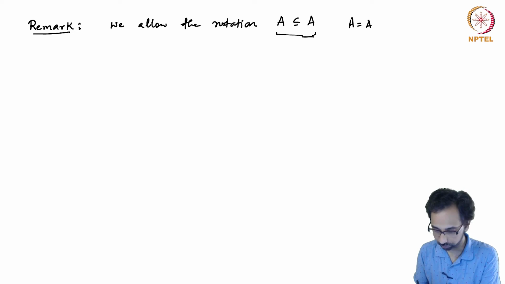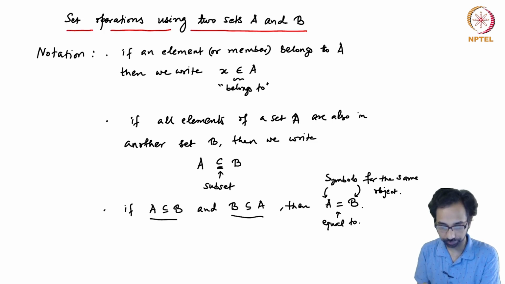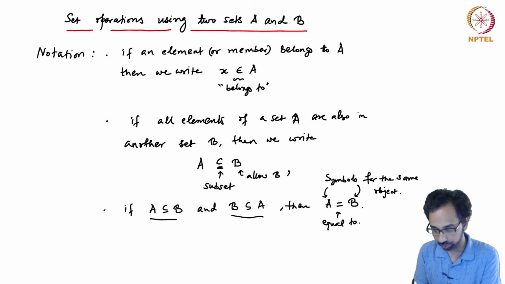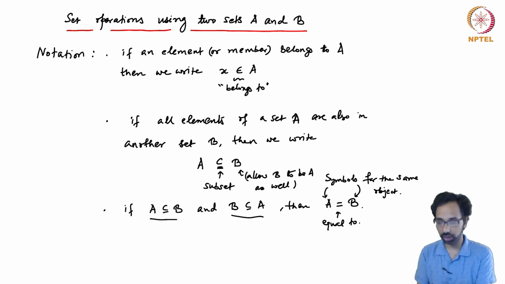In the definition of the subset notation, if all elements of the set A are also in another set B, here we allow B to be A as well. So this case is also allowed.